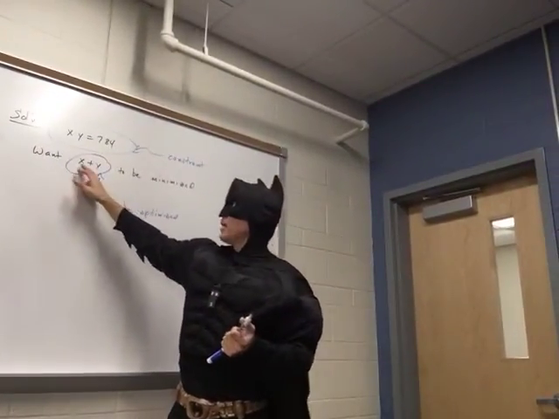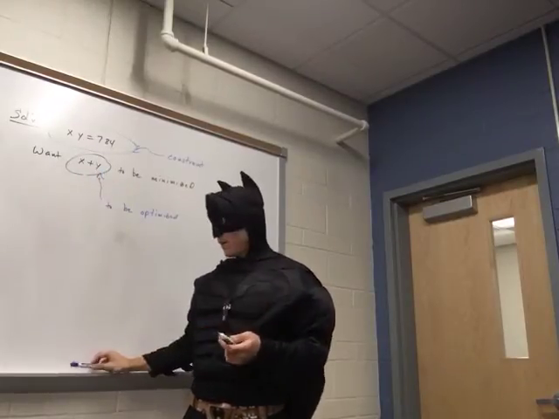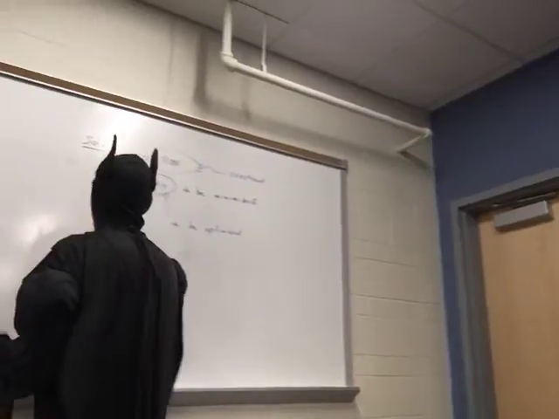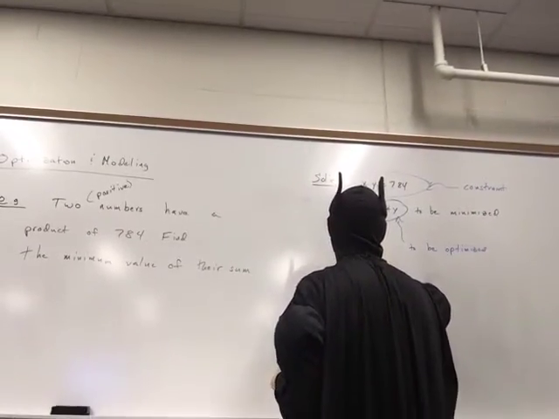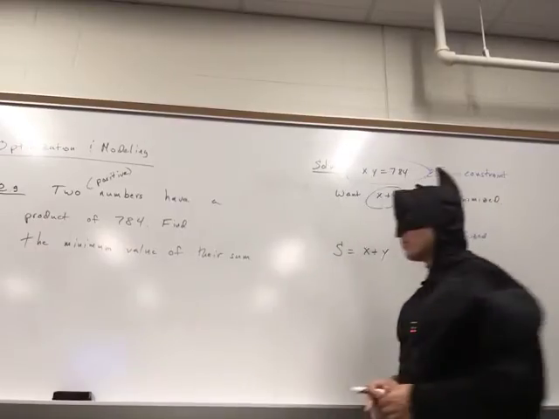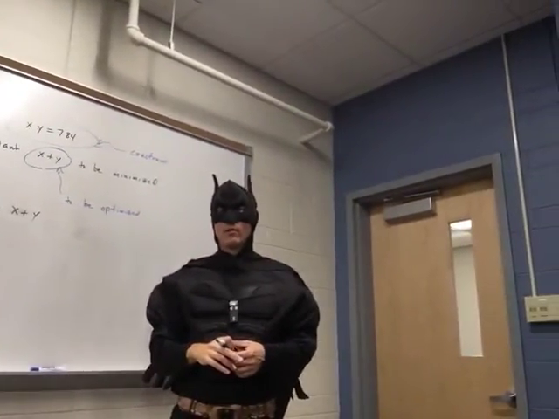But we're in Calc 1, and we can't have a function of two variables. So I need to remove one of the variables. I'll write it currently as s equals x plus y, but I want to write this in terms of a single variable to get a function we can then optimize.